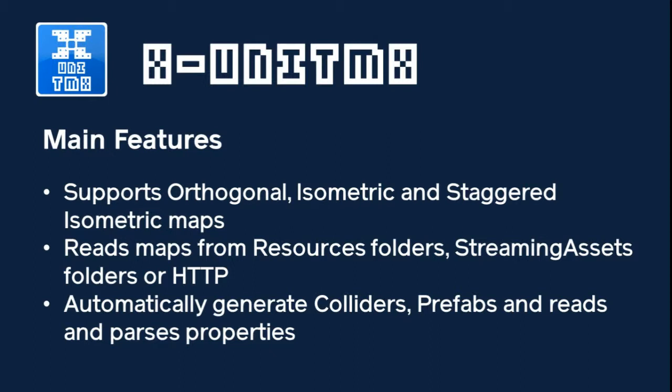Or you can read using the WWW class from HTTP or other URLs. And another cool feature is that the importer can automatically generate colliders for you, or prefabs, of course. And it reads and parses all properties that you set.